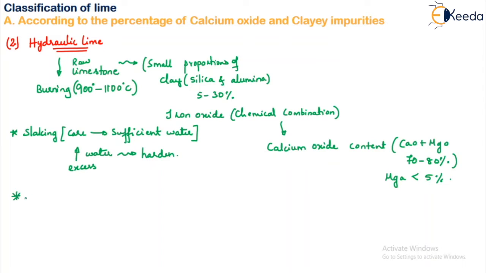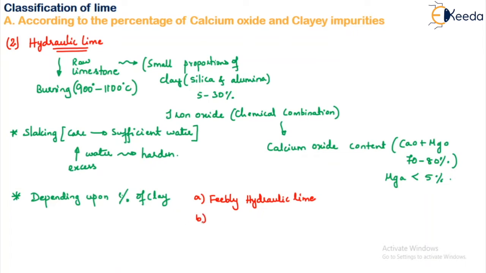Now, depending upon the percentage of clay in this hydraulic lime, it is further classified into feebly hydraulic lime. Secondly, the moderately hydraulic lime.